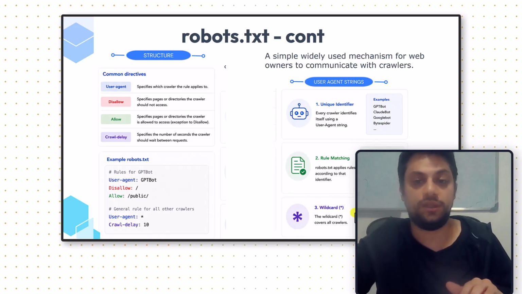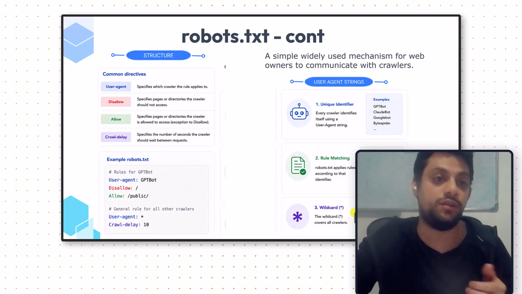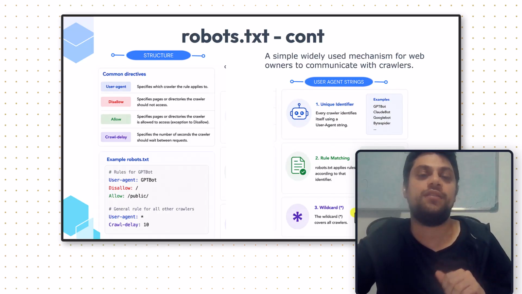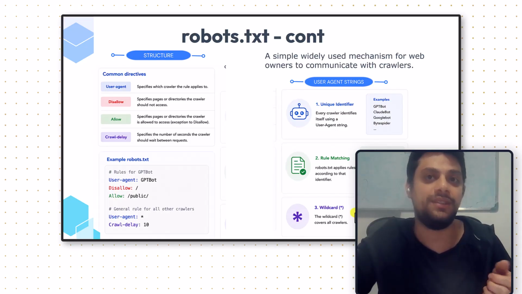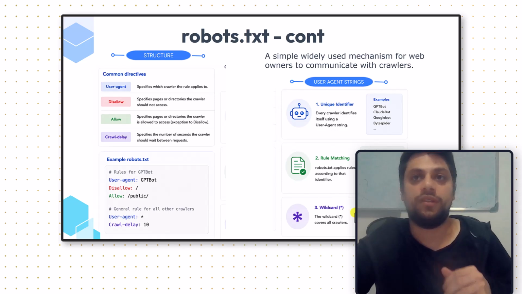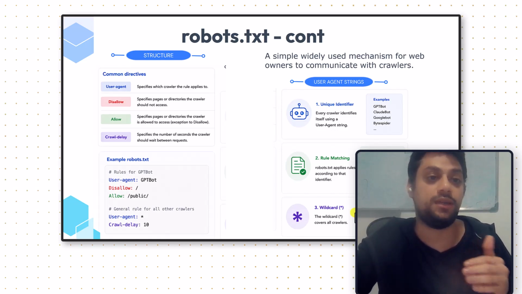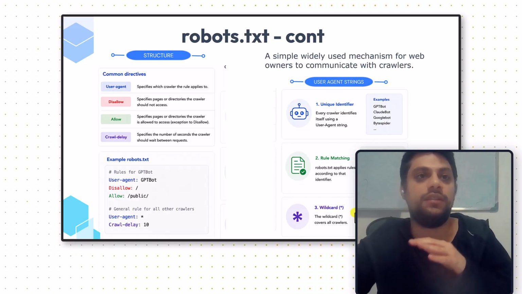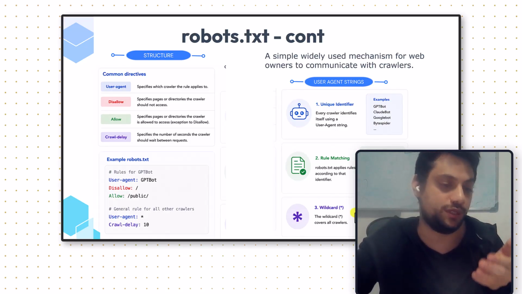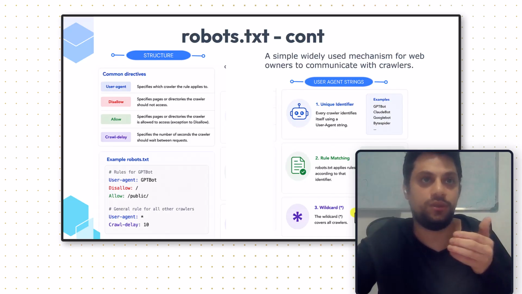For example, Google's crawler identifies itself as Googlebot, OpenAI uses GPTBot, and so on. Note that nothing prevents a crawler from not identifying itself, to refrain from telling who it is, use a fake identity, or even pretend to be someone else.